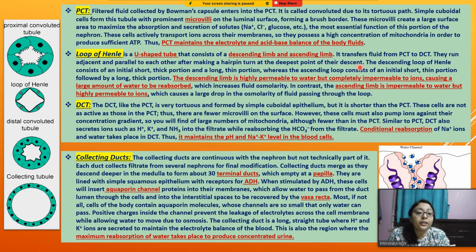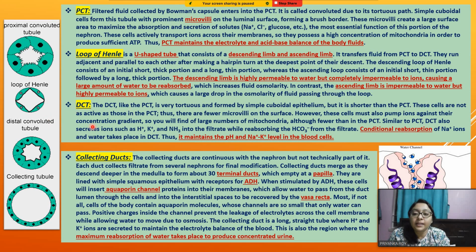Okay, now in contrast, the ascending limb is impermeable to water, and therefore it is highly permeable to ions, and therefore it causes a large drop in the osmolarity of the fluid, because the water is reabsorbed inside the body from this urine in the descending limb, and then again in the ascending limb it's highly permeable to ions, therefore there is a large drop in the osmolarity, the ions also go out.